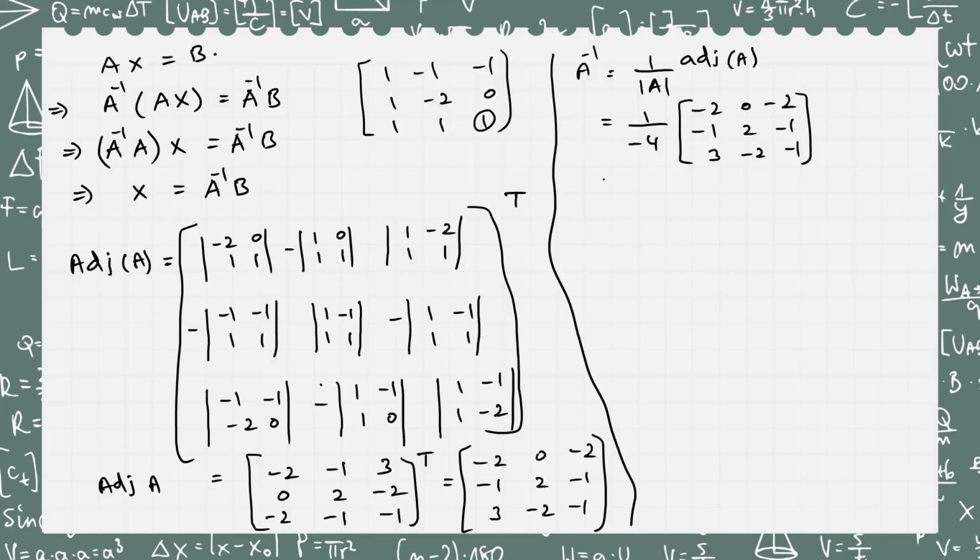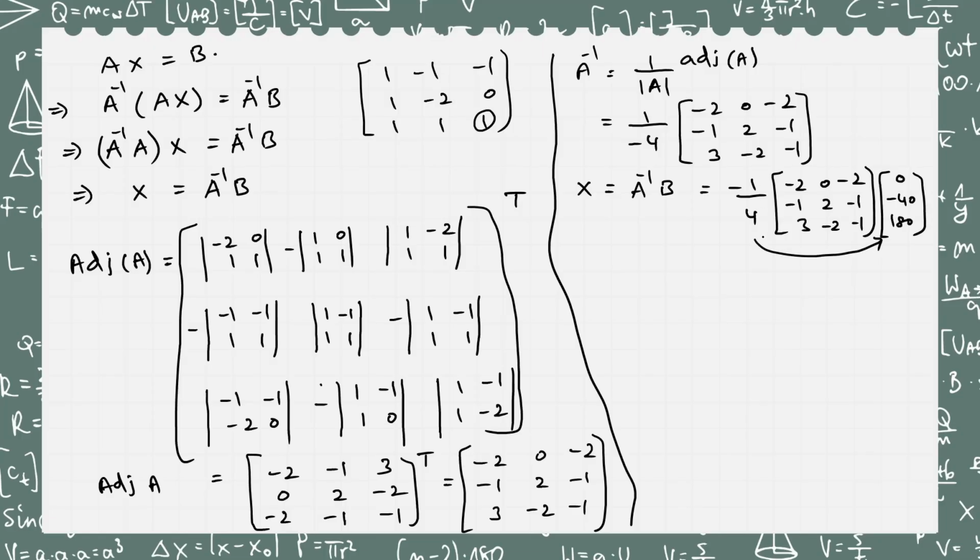Now we need to find out the value of x. So x equal to A inverse into B, which is, write A inverse as it is, minus 1 by 4 into minus 2 0 minus 2, minus 1 2 minus 1, 3 minus 2 minus 1, and B matrix is 0 minus 40 180. We can multiply minus 1 by 4 and the other matrix.